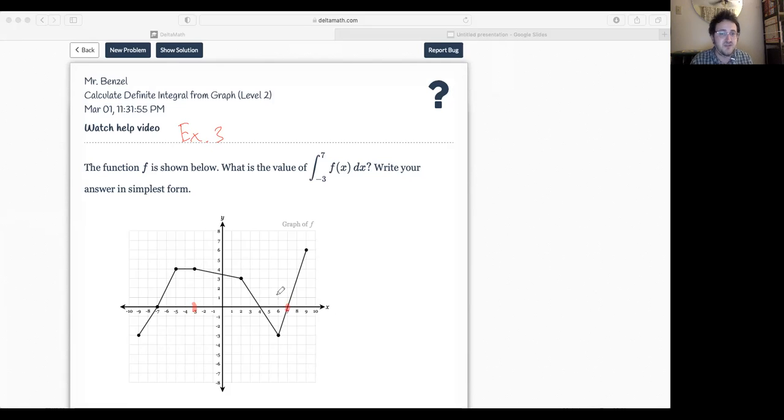And if it helps, I'm just going to make the positive area green. So here's the curve, and we're pretty good until here for a positive area.